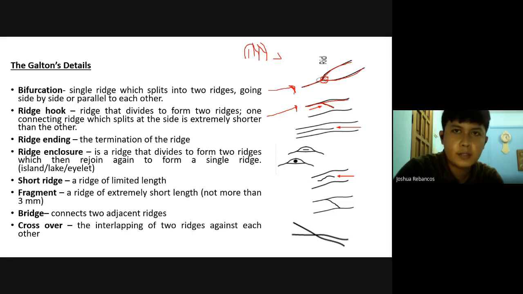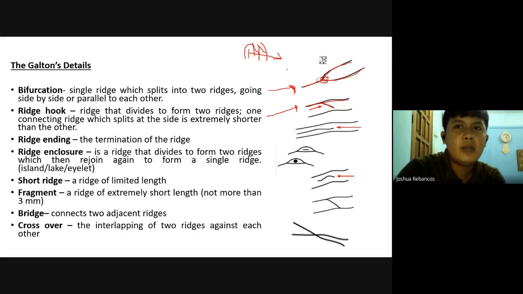Okay, bifurcation. So, kung nagbilang example dito sa core, sa delta, dapat doon na yung linya. 1, 2, 3, 4. So, dapat ang bilang niyan is 4 yung ridge count niya.